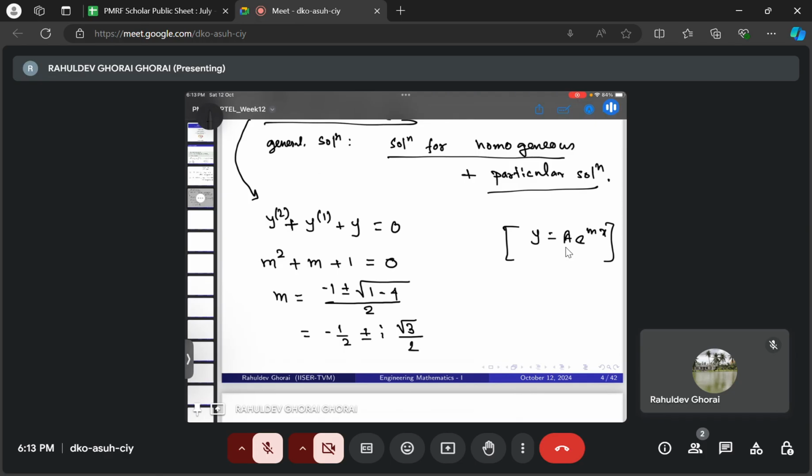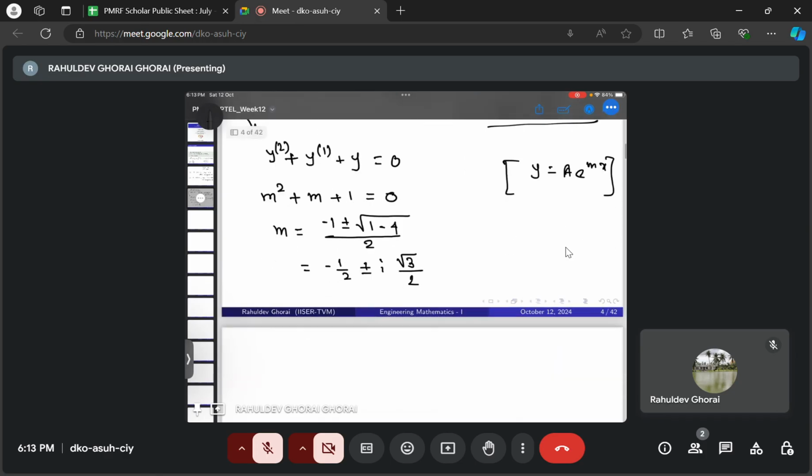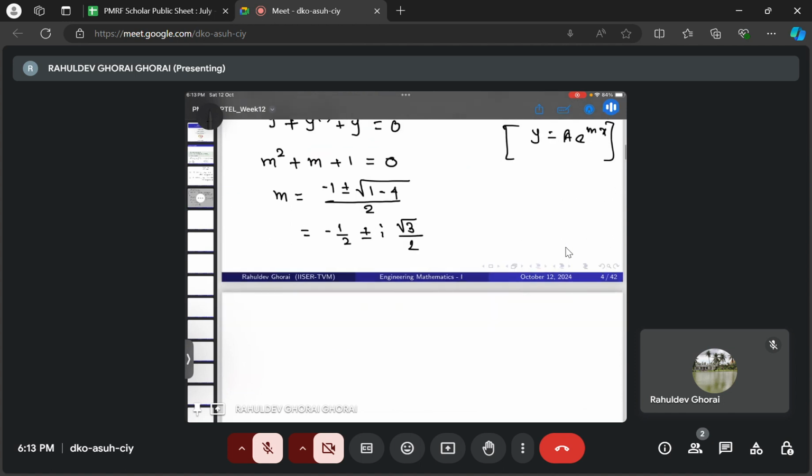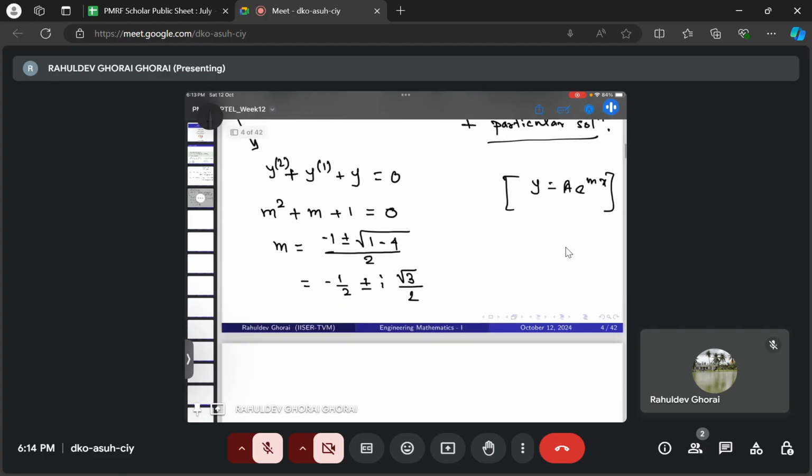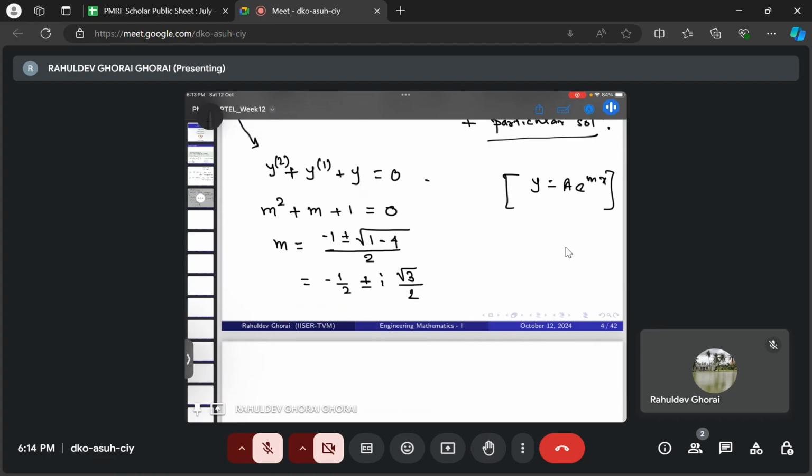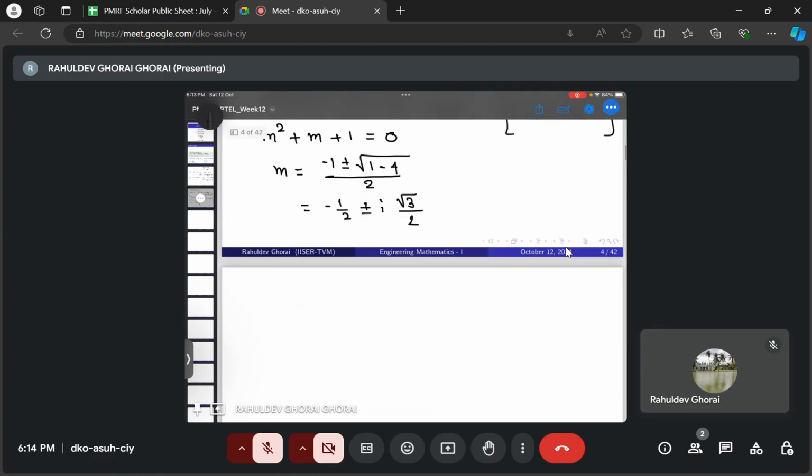So you see it's an imaginary root you got. So in the case of imaginary roots, the solution will be the solution for this system for one.